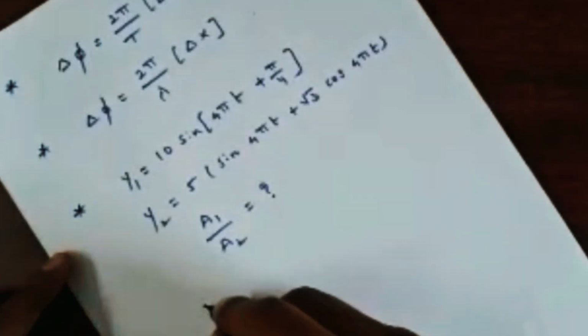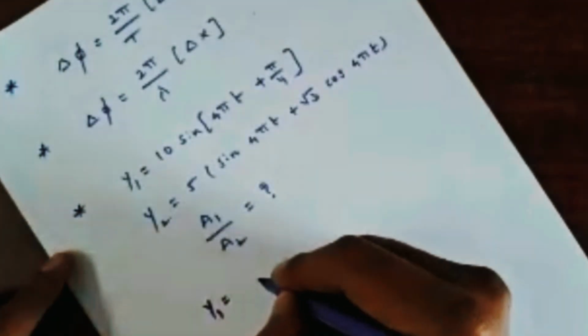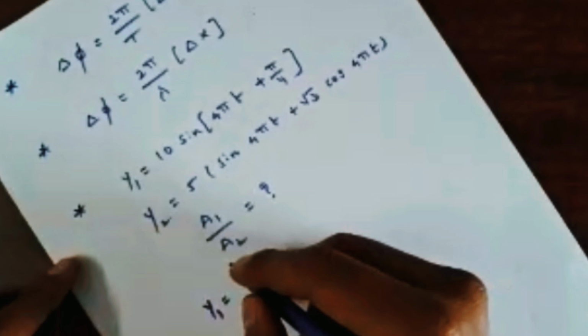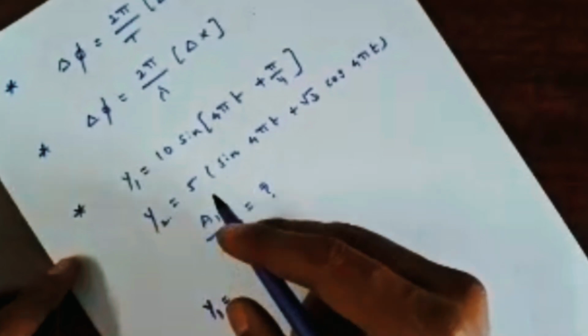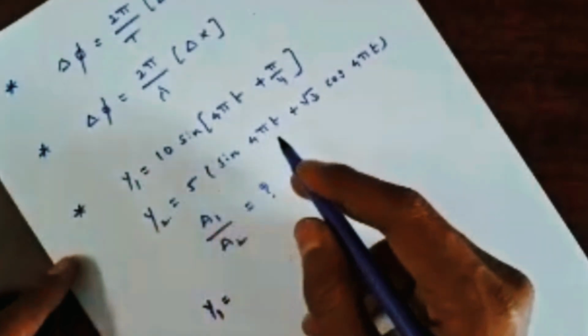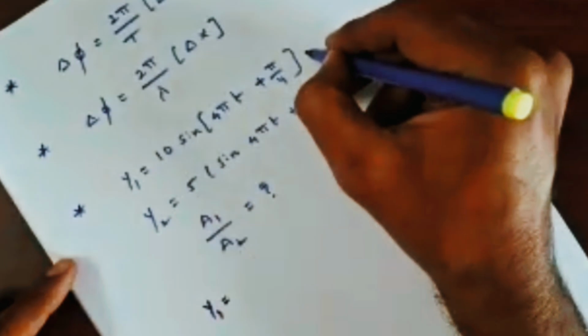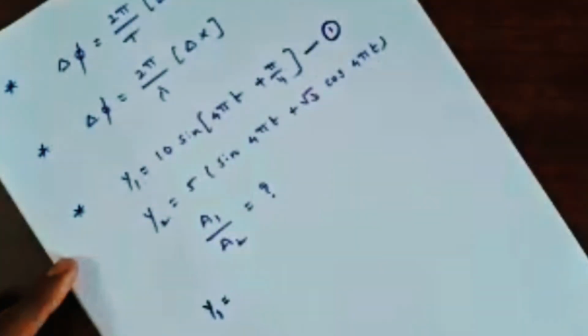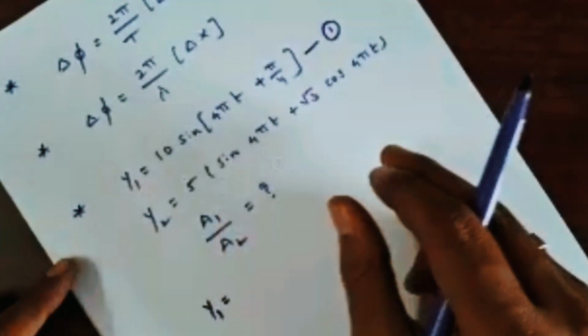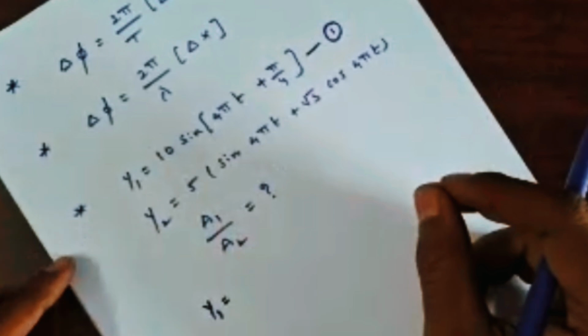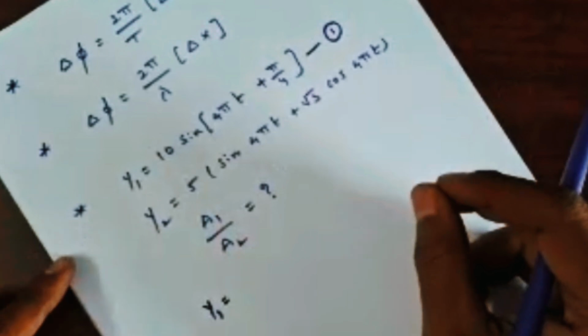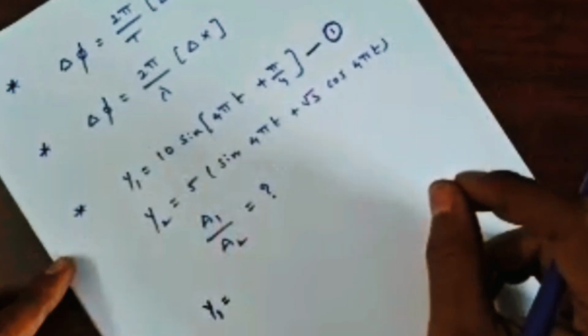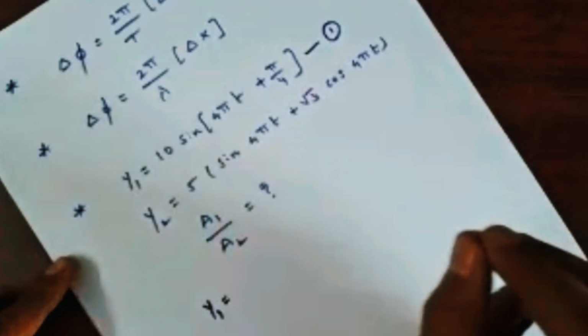First, y1 is equal to 10 sine of 4 pi t plus pi by 4. This is as it is, equation 1. The equation 2 is a little bit different when you compare it with the first equation. So now we need to convert the second equation also into the form of the first equation.